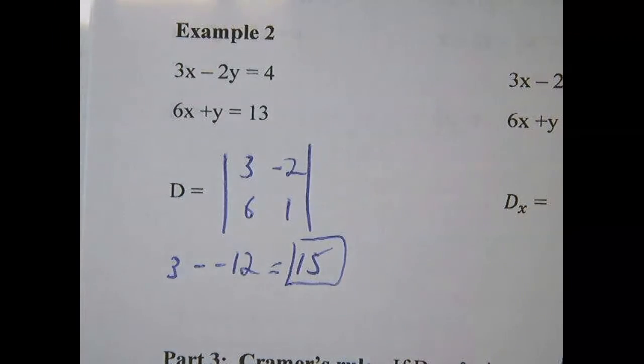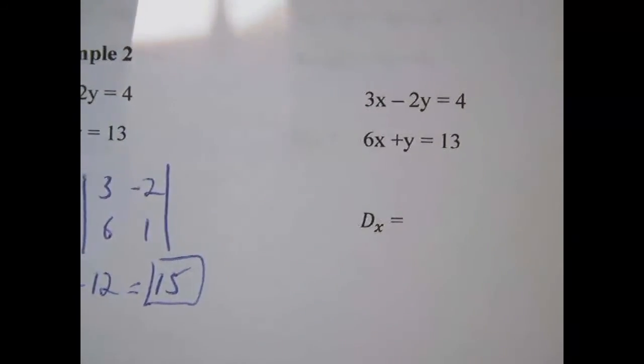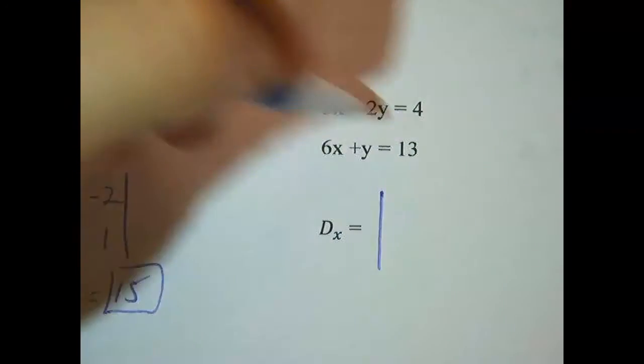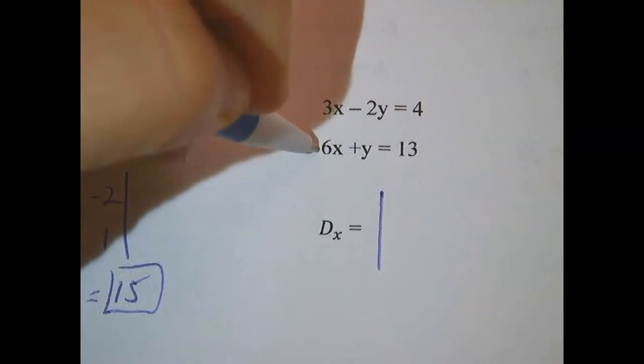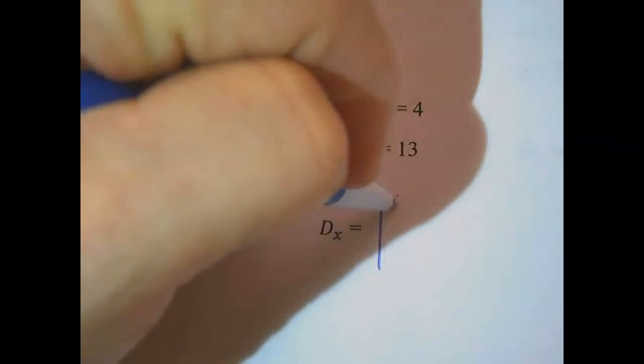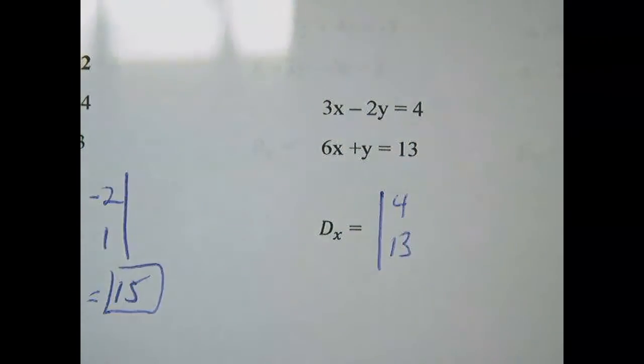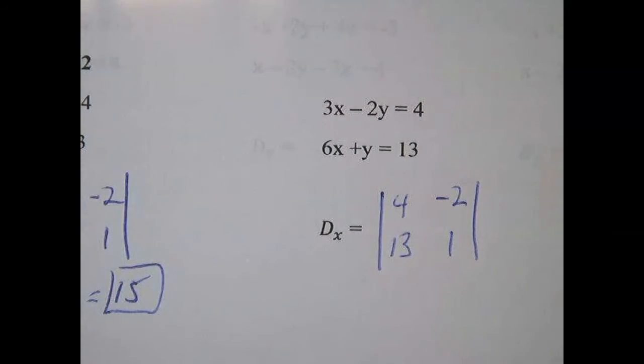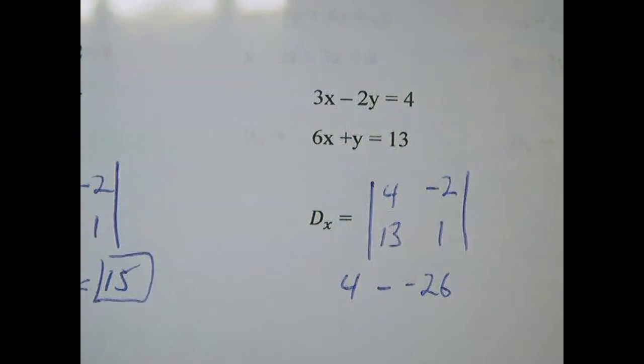So D is 15. Next, Dx replaces the x coefficients with the 4 and the 13. So we have 4 and 13 for our first column, and then -2 and 1 for our second column. Applying the rule, we have 4 times 1, which is 4, minus -26, which is 30.